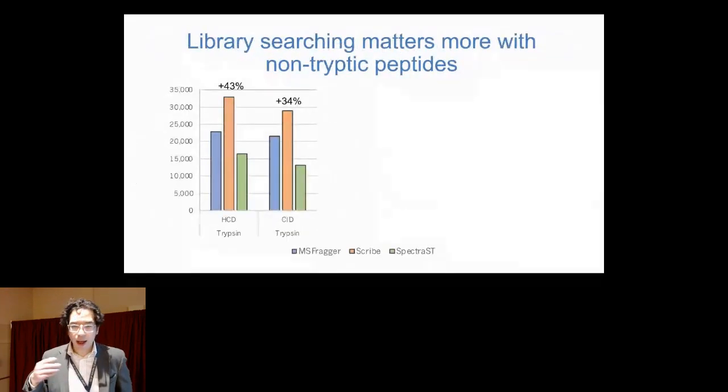This is much more important when we're talking about other types of peptides, though. For example, here is a data set of HCD collected tryptic peptides and CAD collected tryptic peptides, and we're getting 30 to low 40s percent improvement over MS-Fragger.